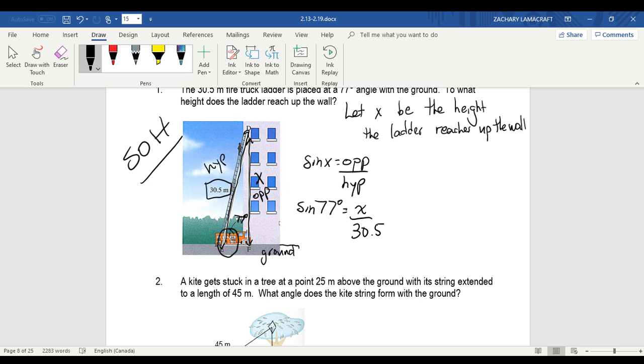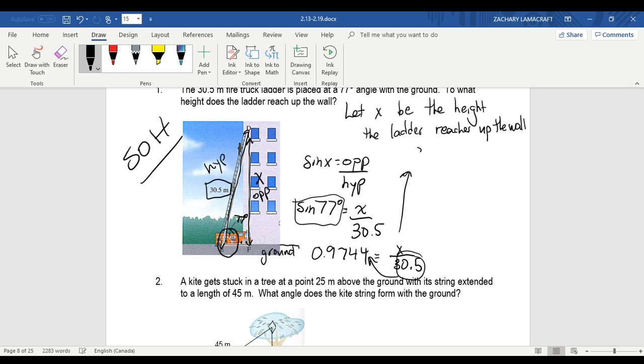Okay. We know that we need to figure out what sine 77 is, so we do that on our calculator, and it's going to give us 0.9744, once we round, is equal to x over 30.5. And here we know to keep x by itself, we're going to have to cross multiply like we've done so many times.